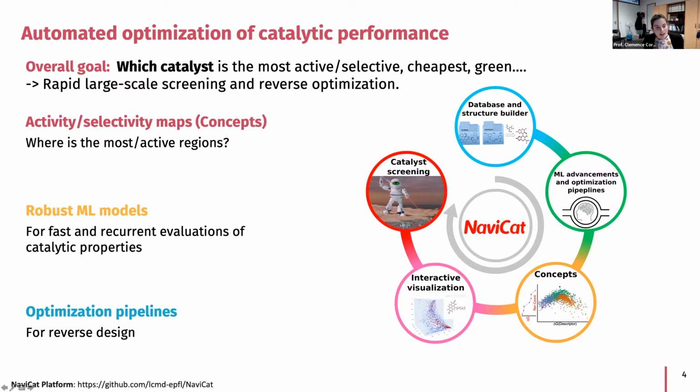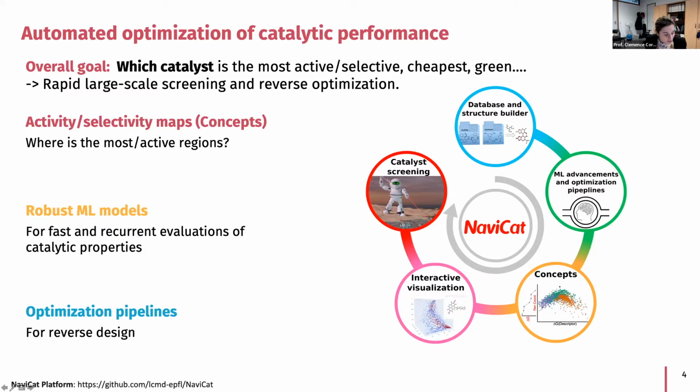Once we have that, we can accelerate the evaluation of the catalytic property using an ML model, for instance, but also a multilinear regression. And once we have these two components, we can plug that into an optimization pipeline and do a reverse design, which is, in a sense, the ultimate goal.